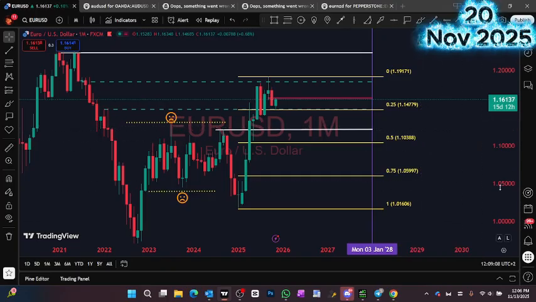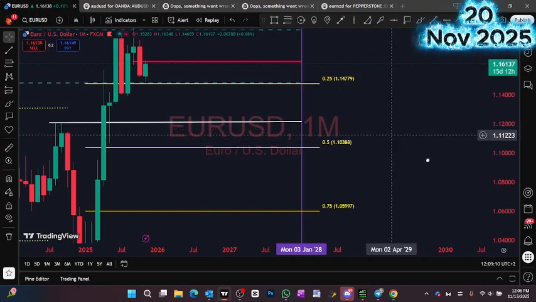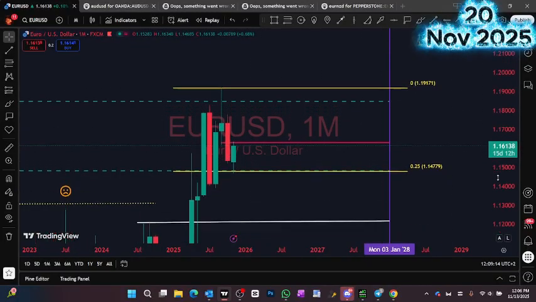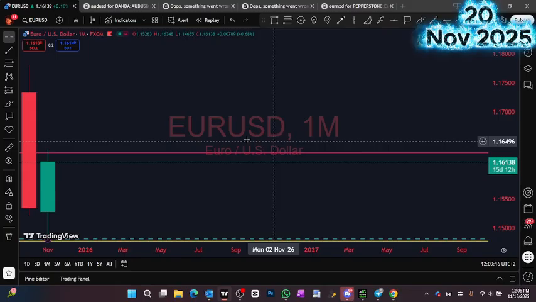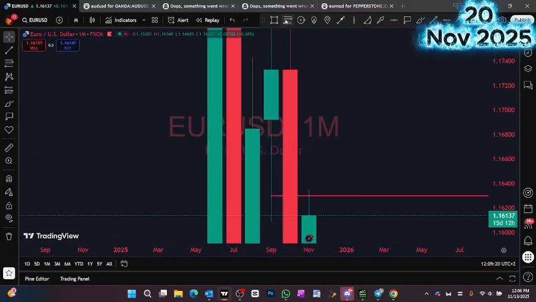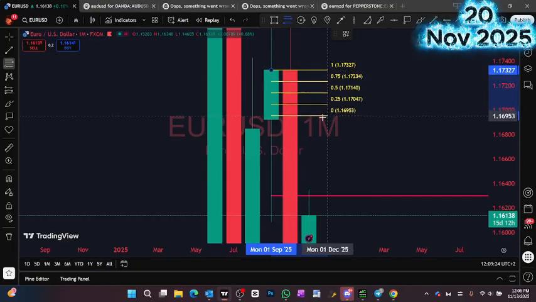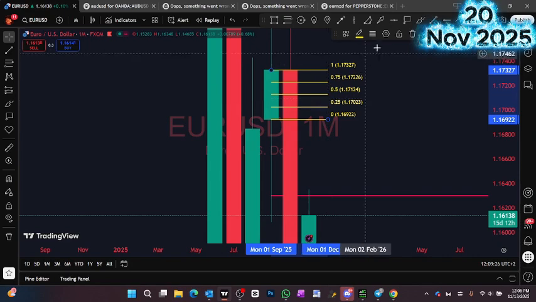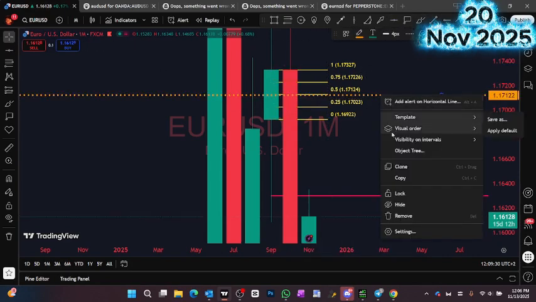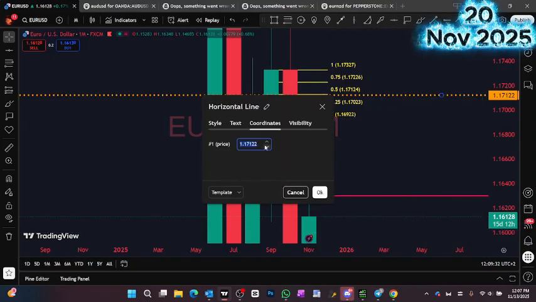Another thing we can do, because it seems like it's still going up, just make it big so we can get the 50% of the whole thing. So 50% is here. It's 17124.